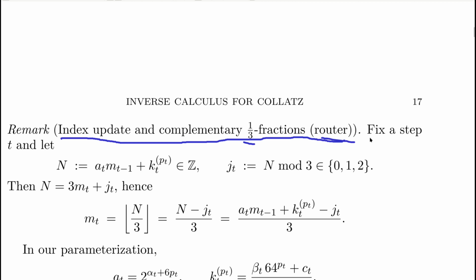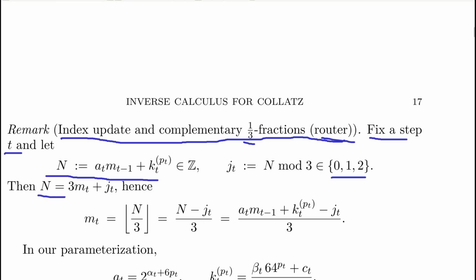Fix a step t and let n be defined as at mt minus 1 plus kt pt, an integer, and jt is defined as n mod 3, any one of 0, 1, and 2.